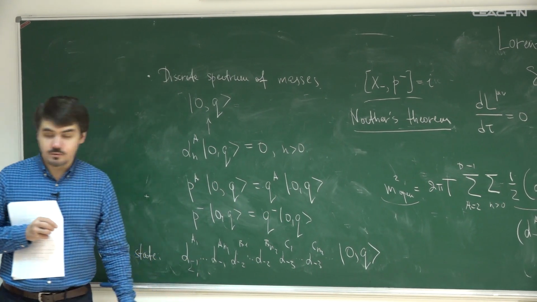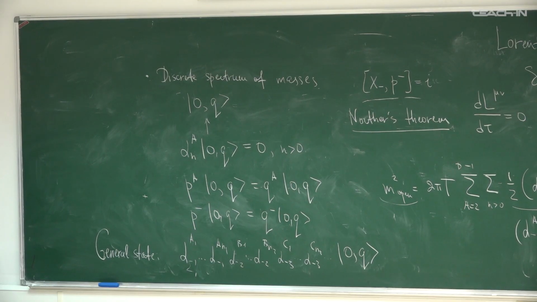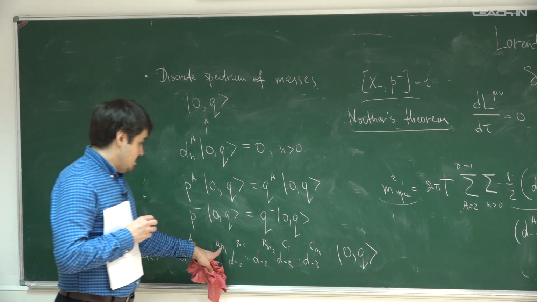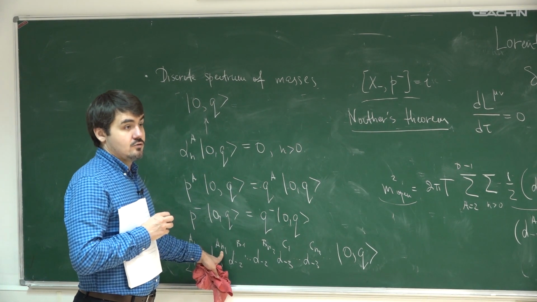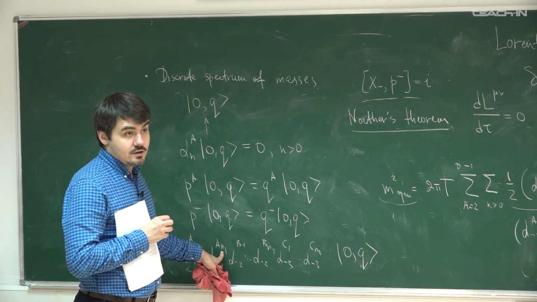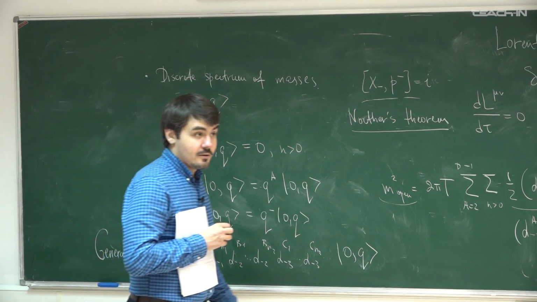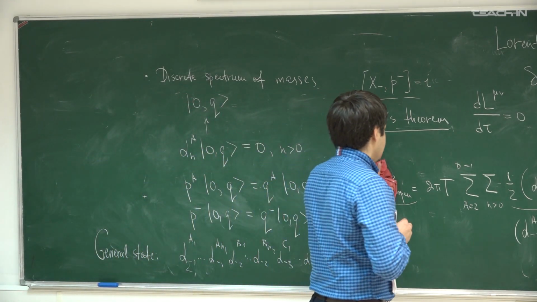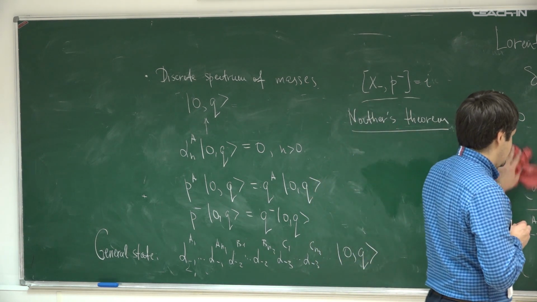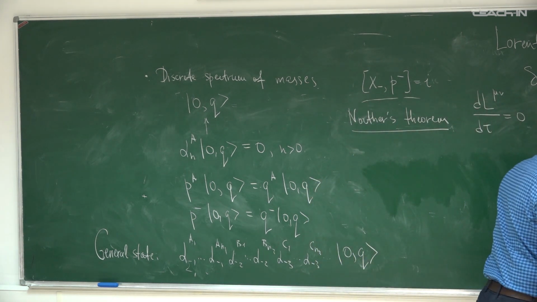You see all these indices are indices of SO d minus 2 rotations in d minus 2 transverse coordinates, and we want to have rotations in d coordinates in principle, the full Lorentz algebra, time and space.